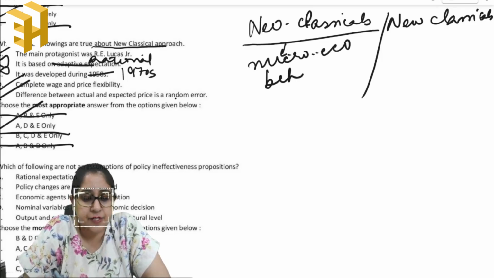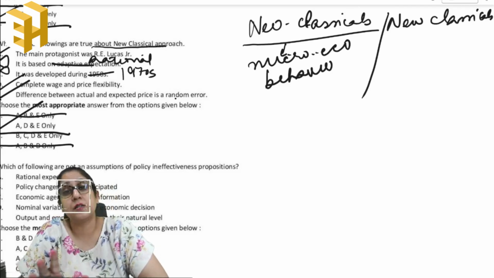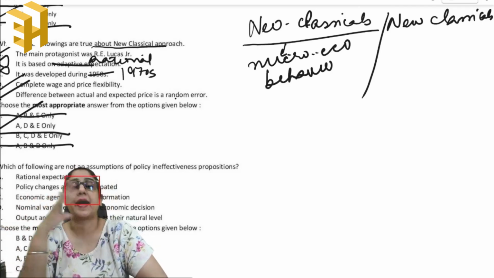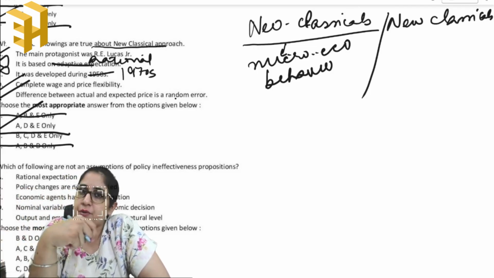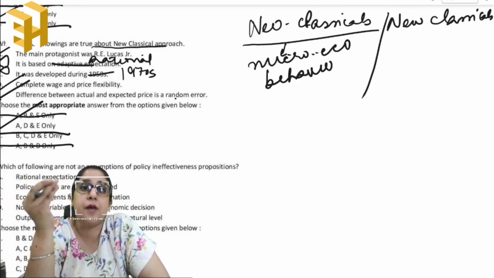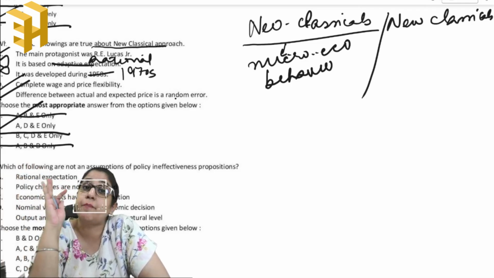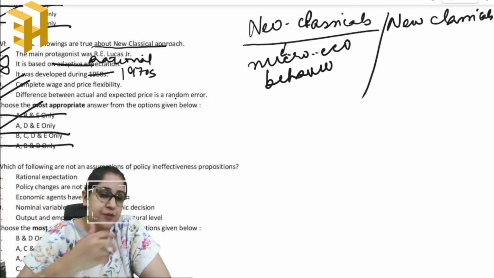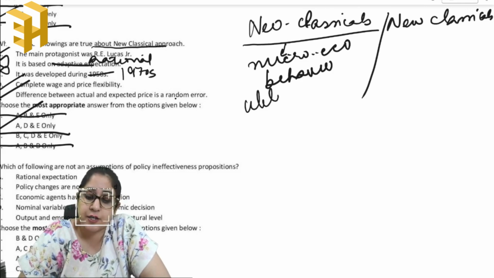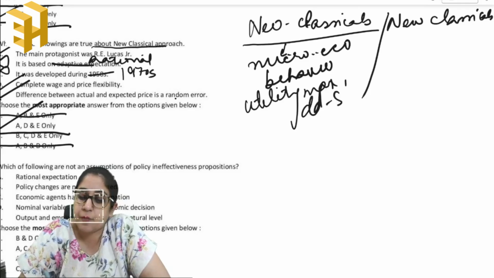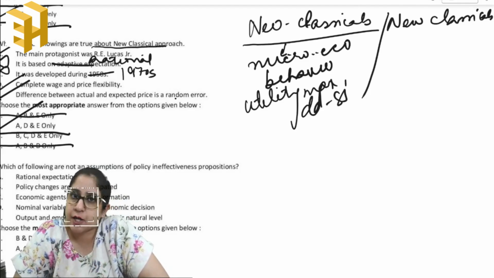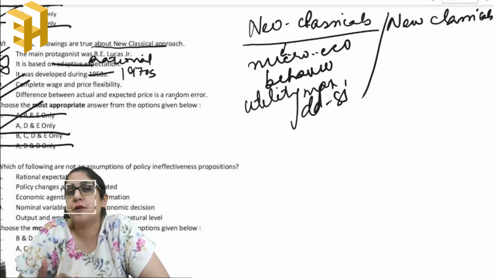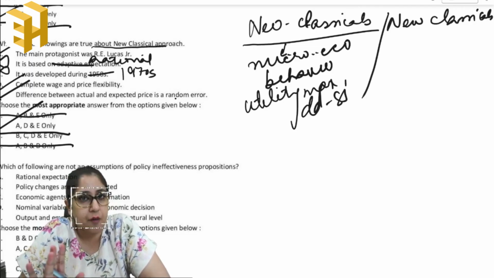While classicals were mainly into macro situations, neoclassicals incorporated microeconomic parameters in their theories. For example, they included utility maximization and demand-supply equilibrium. Even though they were macroeconomists, they included parameters related to microeconomics also.